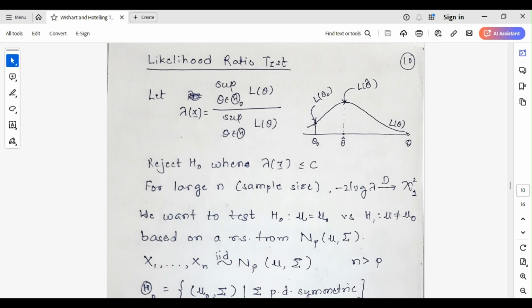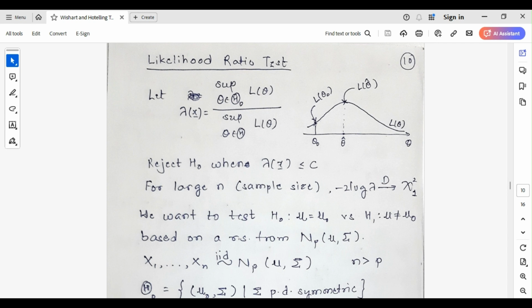Now suppose the null hypothesis says that theta is equal to theta naught, or say theta less than or equal to theta naught. So all these values on the left of theta naught will comprise the parameter space under the null hypothesis.